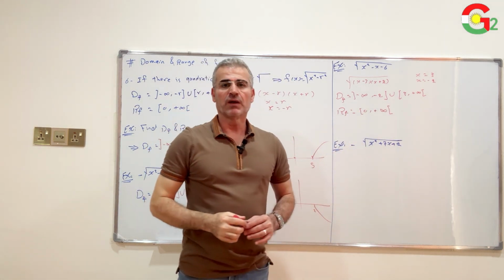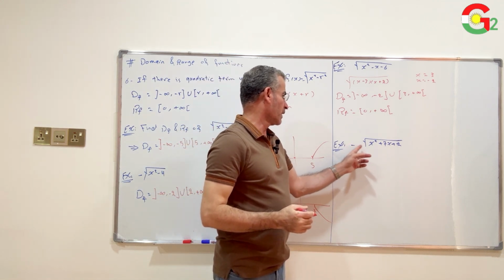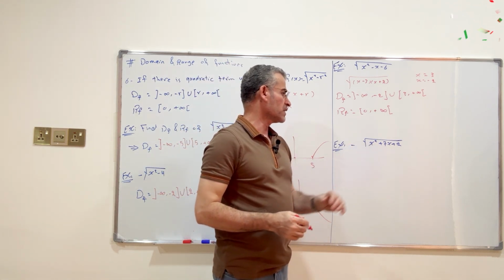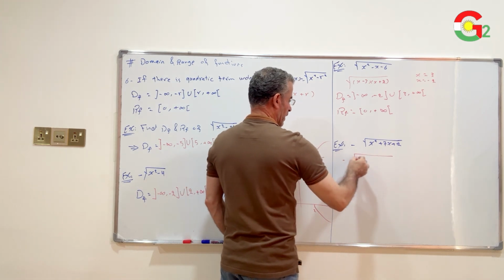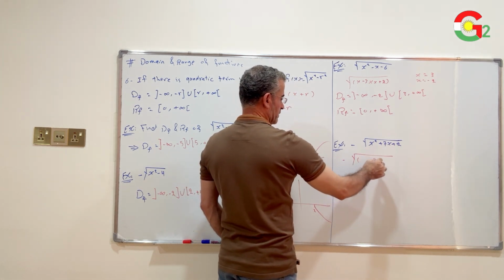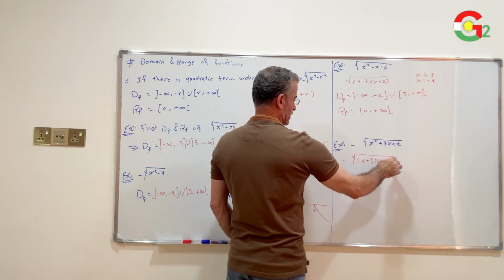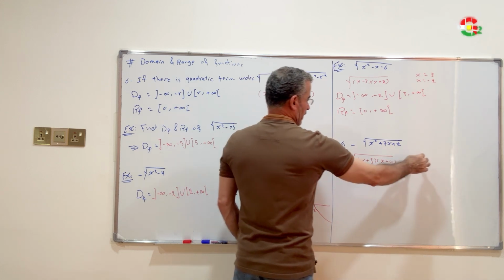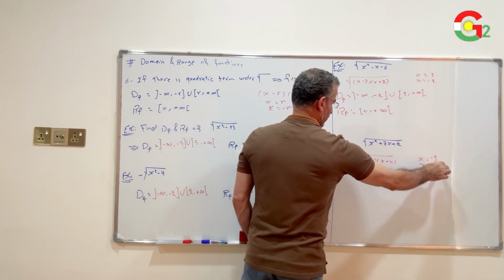Example, find the domain and range of the following function, negative square root of x squared plus 7x plus 12. Also, I can factor the term under the square root as x plus 3, x plus 4. Then x equals negative 3, x equals negative 4.